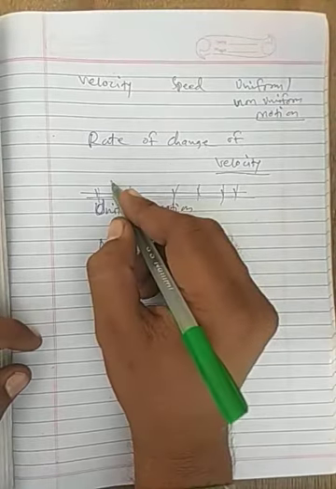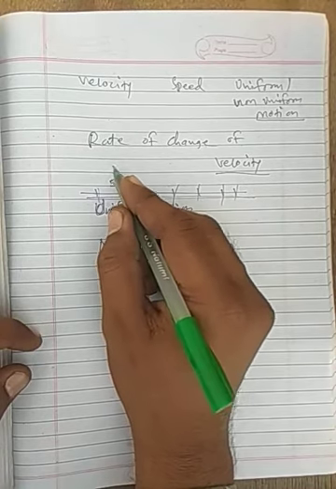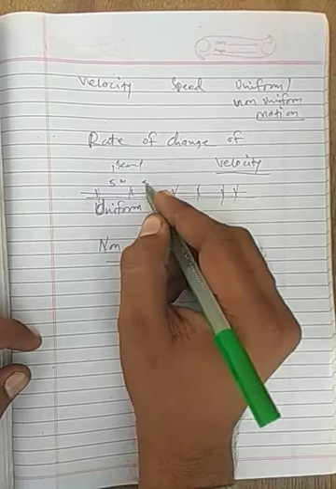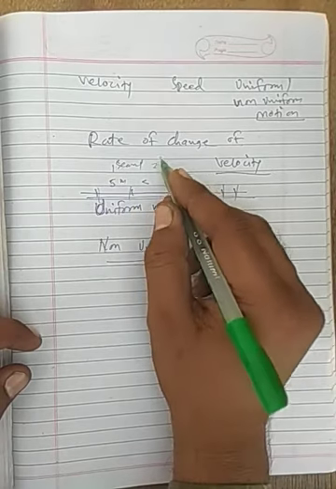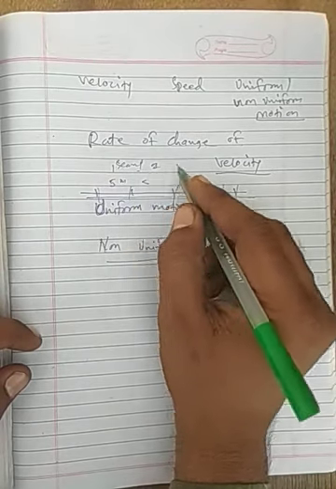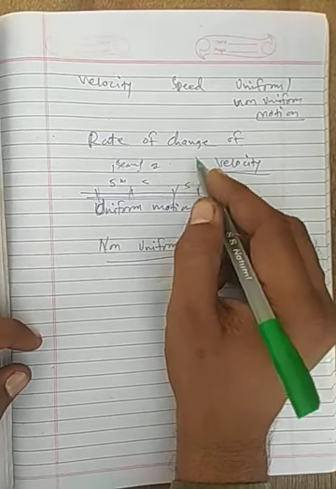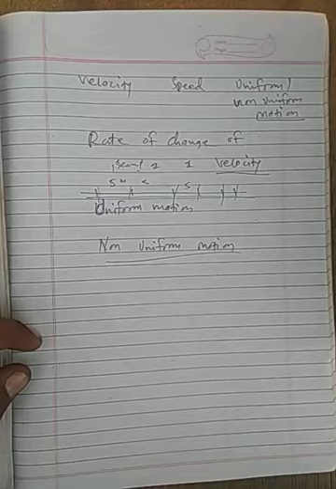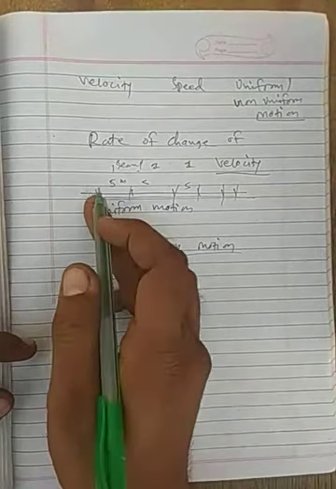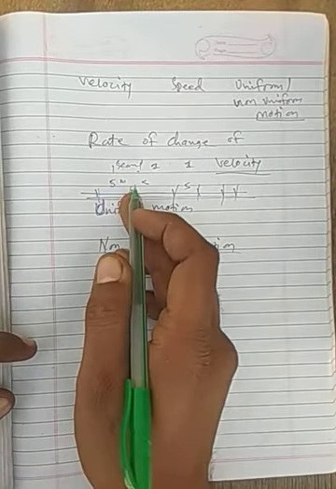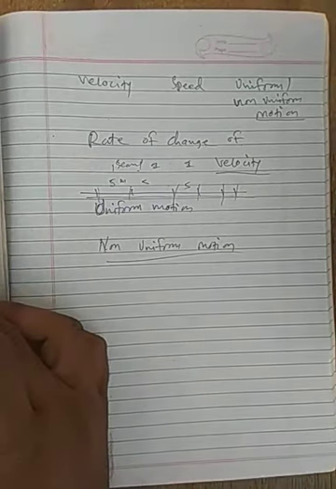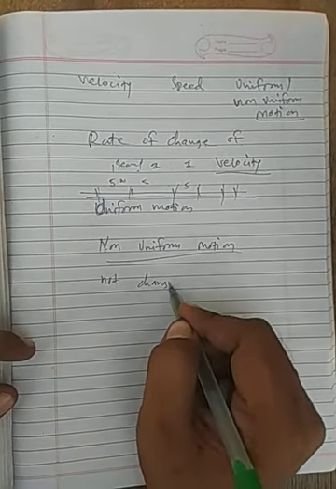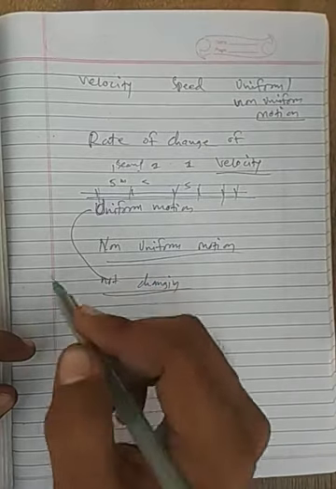If it travels 5 meter in the 1st second, another 5 meter in the 2nd second, another 5 meter in the 3rd second, with the time interval being 1 second each, its velocity will not be changing in uniform motion.